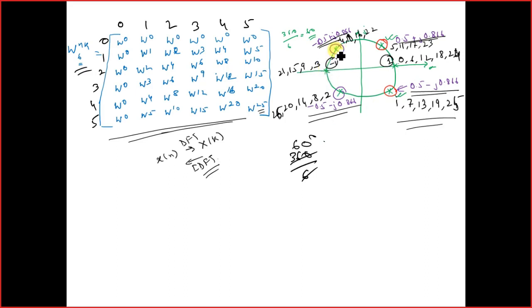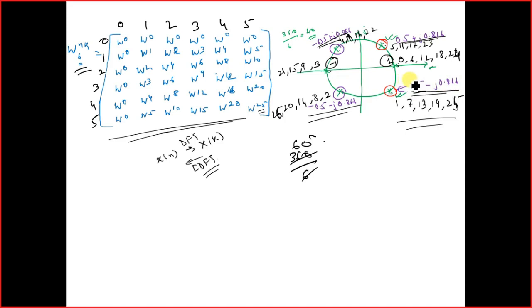Then from here 60 degrees apart, and then again 60 degrees apart over here. So you will have 6 values, and the first one is 0.5 minus j of 0.866.